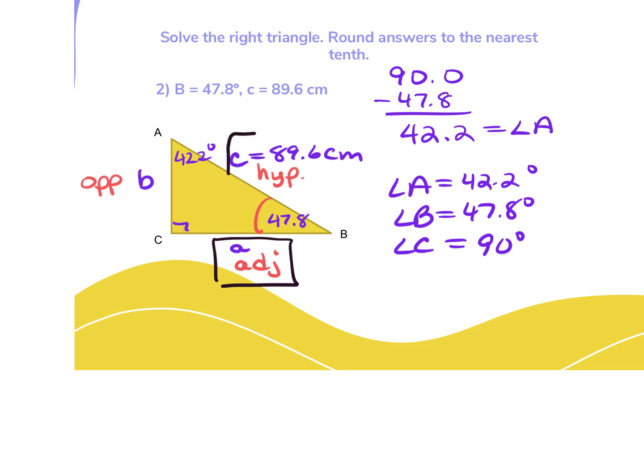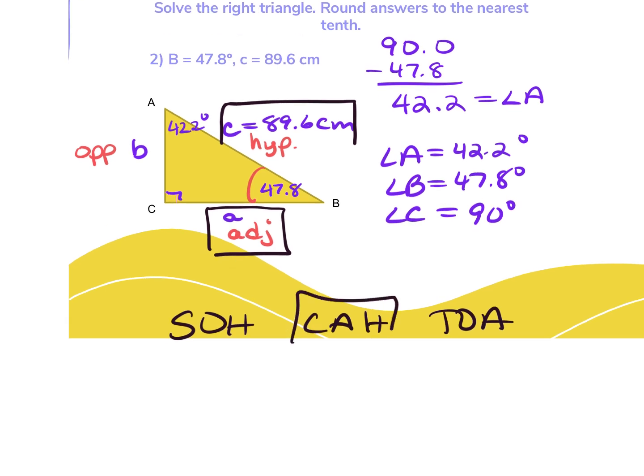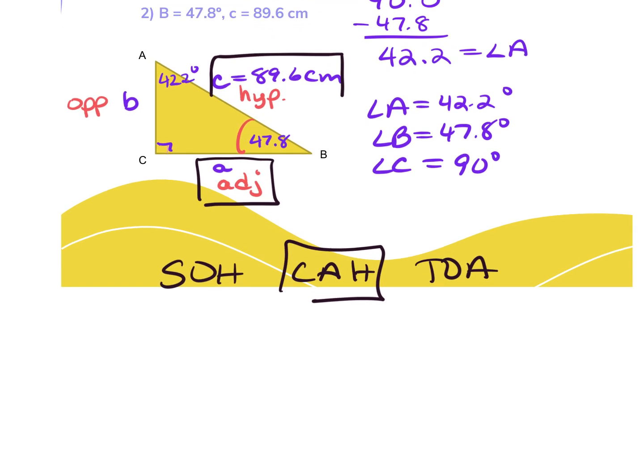And then I'm also going to use my original given. So I've got to figure out of my SOH CAH TOA, which one uses A and H, adjacent and hypotenuse, and that's going to be cosine. So I'm going to be doing the cosine of 47.8 is equal to adjacent over hypotenuse.